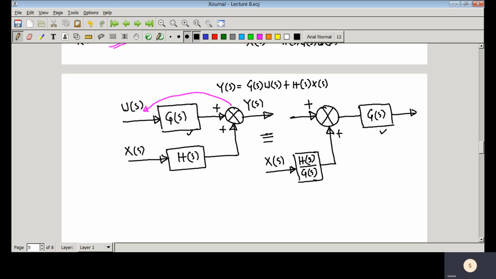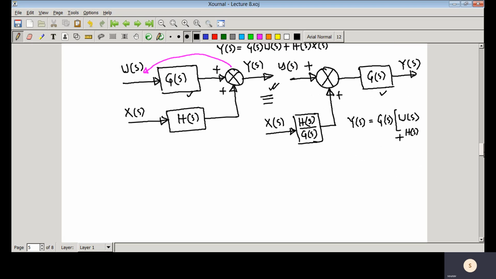then let us see whether they are equivalent or not, because in this case your output Ys equal to Gs into, so here you have that Us plus Hs by Gs into Xs.